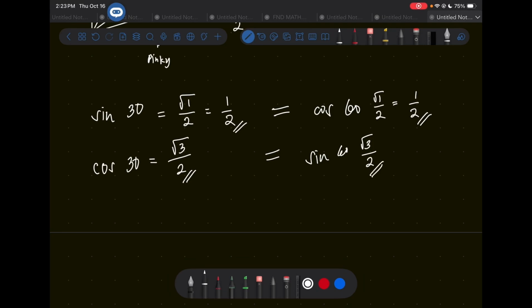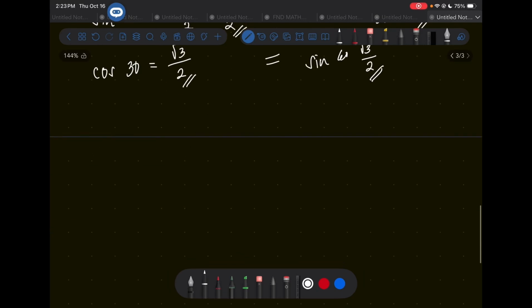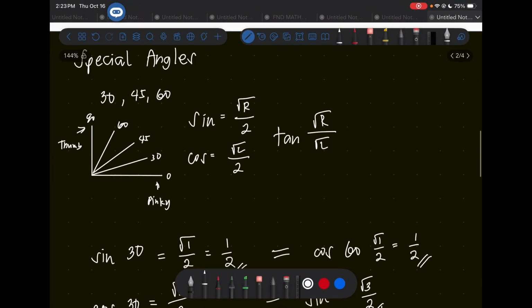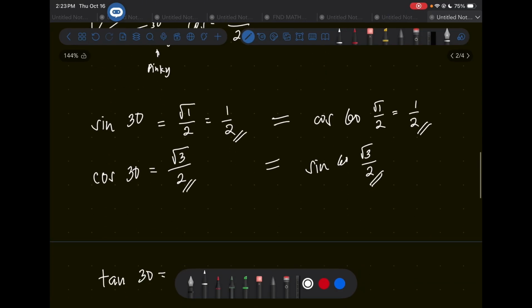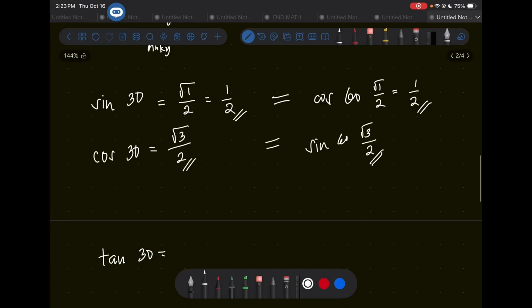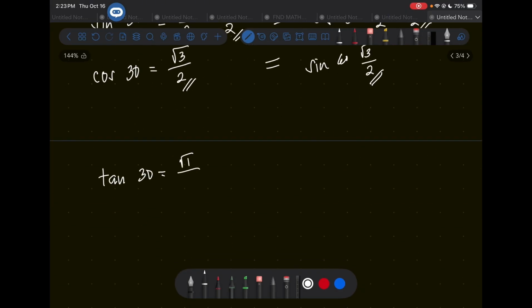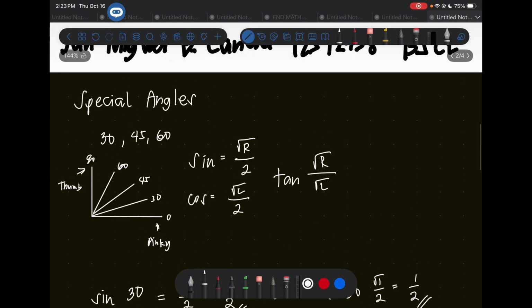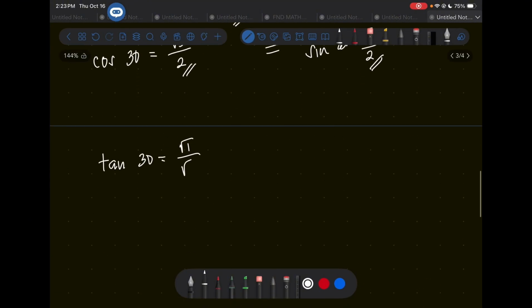Now what about tangent? Let's try tangent 30. As I said earlier, it's just square root of right over left. So here in 30, you have 1, and 3 fingers left. So square root of 1 over 3, or 1 over square root of 3.